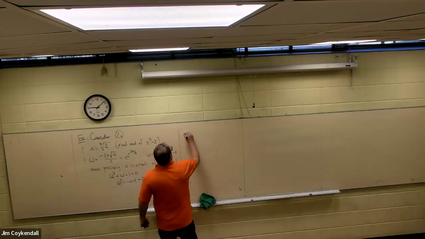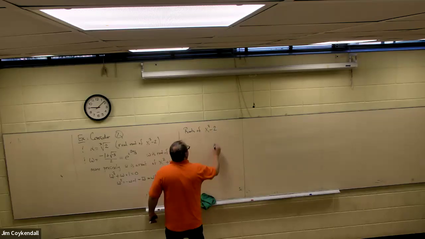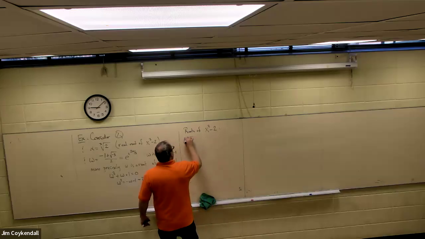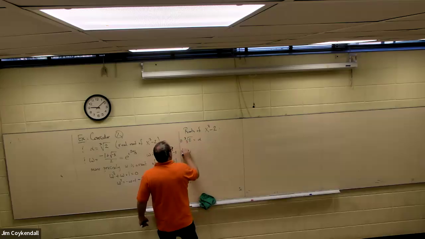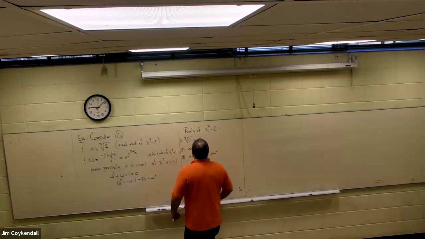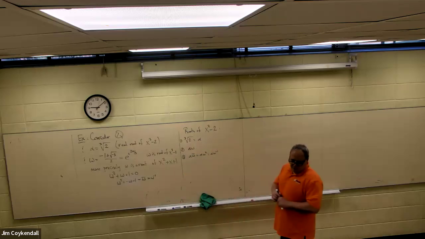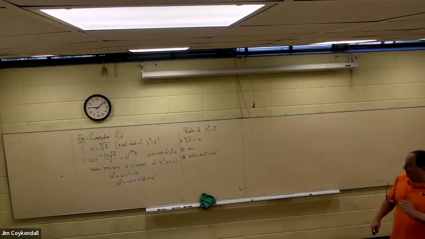The roots of x cubed minus 2 are the cube root of 2, which is alpha, alpha omega, and alpha omega bar, which is alpha omega squared. Those are the 3 complex roots of that irreducible polynomial.